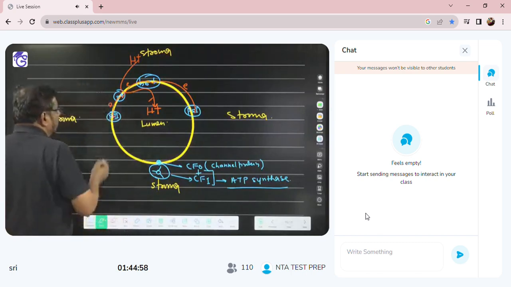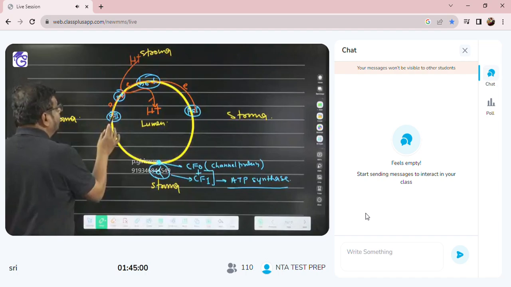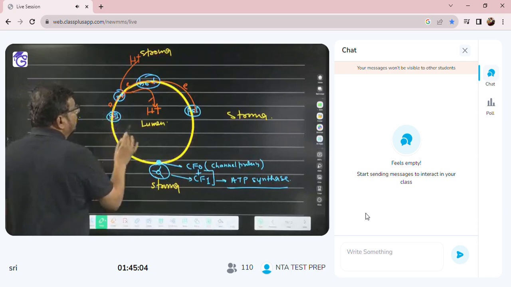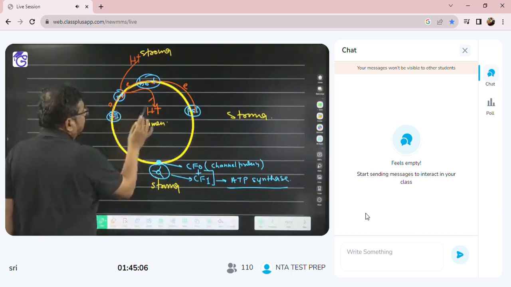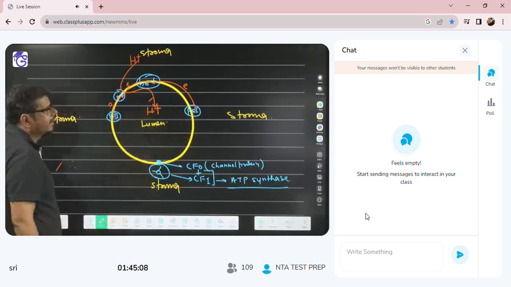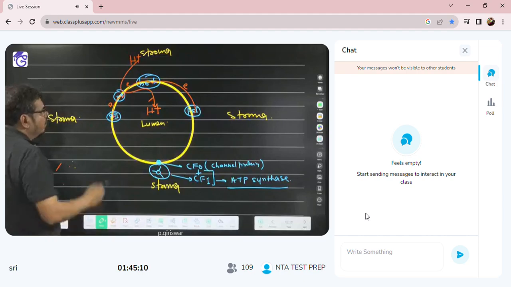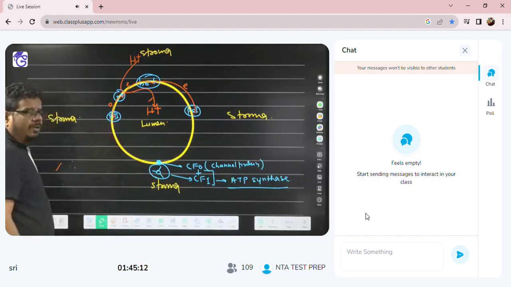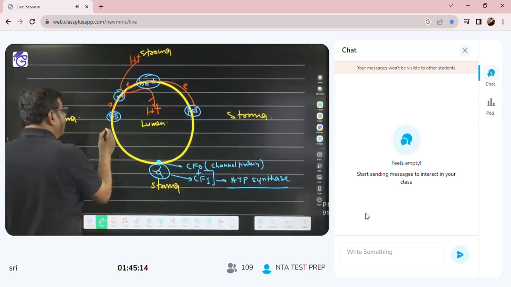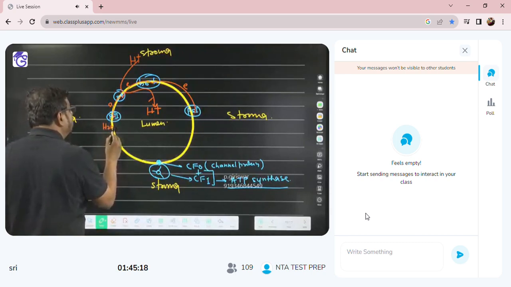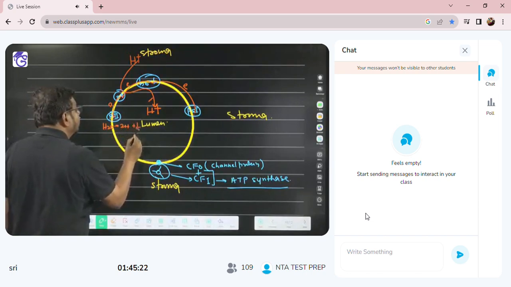Now, whose electron loss occurs? Now the electron of PS2 is going toward PS1. Now who is in loss of electron? PS2. So to compensate the loss of electron of PS2, what splits? Water splits into hydrogen and oxygen.